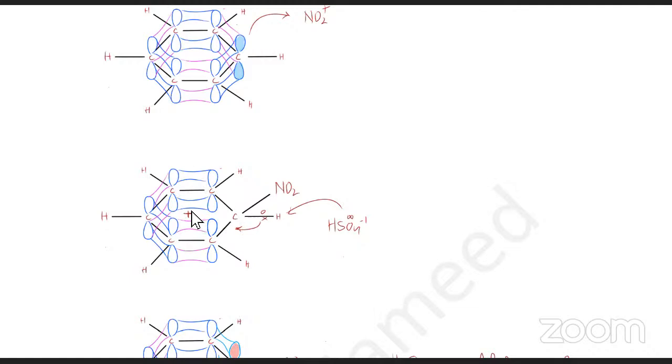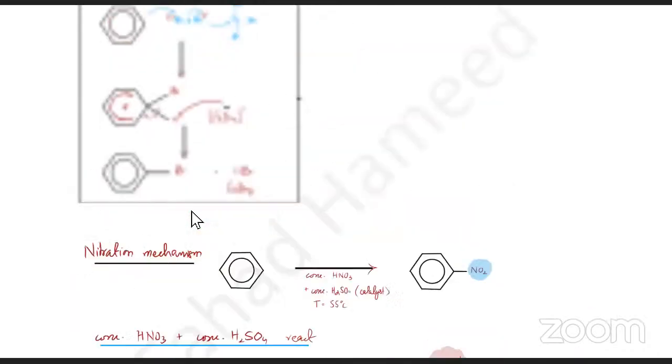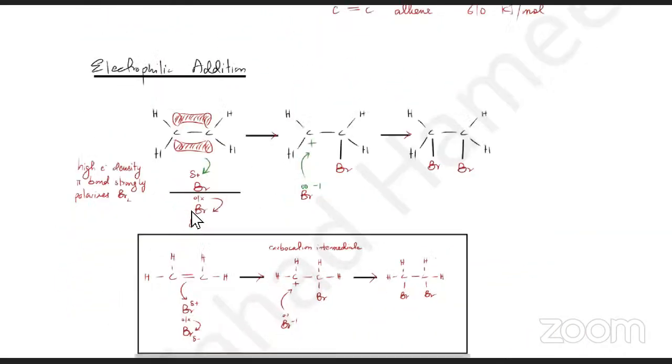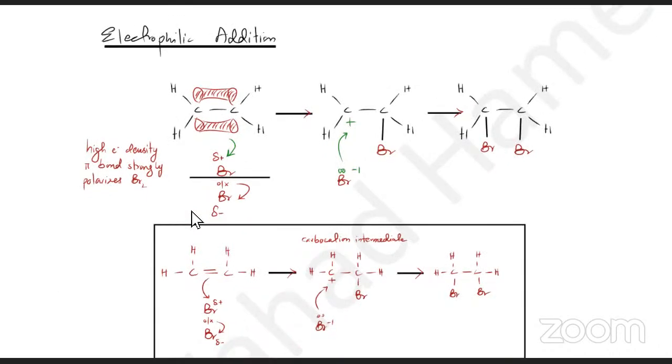If I go and have a look at alkenes and electrophilic addition, why do their p orbitals go away? The reason is that when bromine takes the electron away, the carbon gets a very strong partial positive charge. So this carbon over here searches for the negative ion and attaches itself. It's got a very strong positive charge.